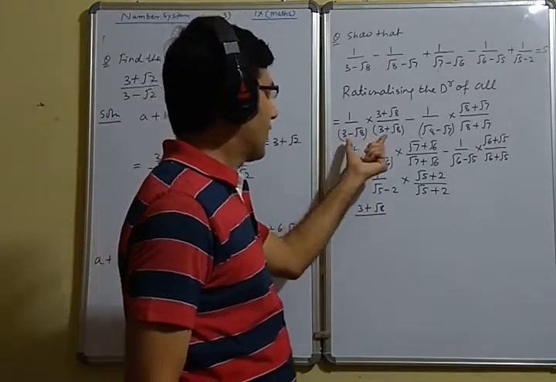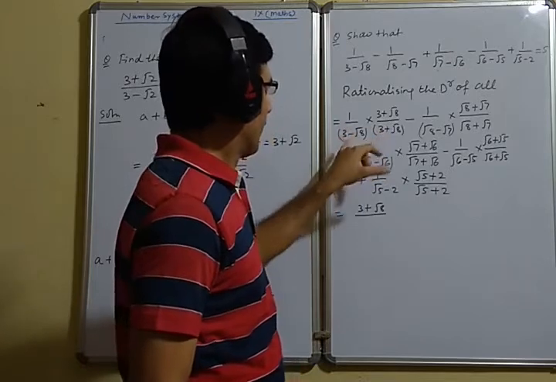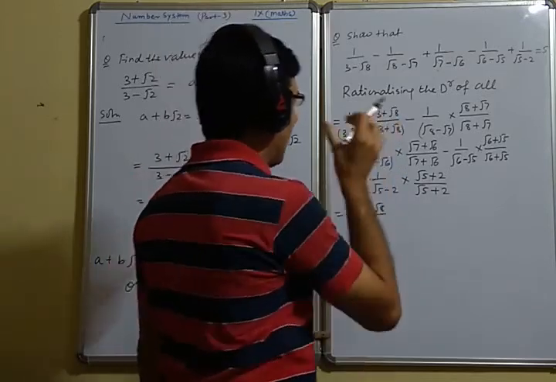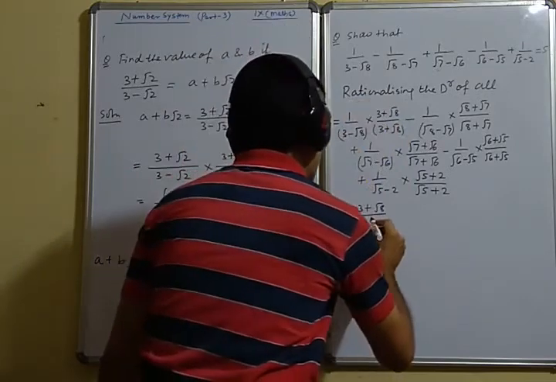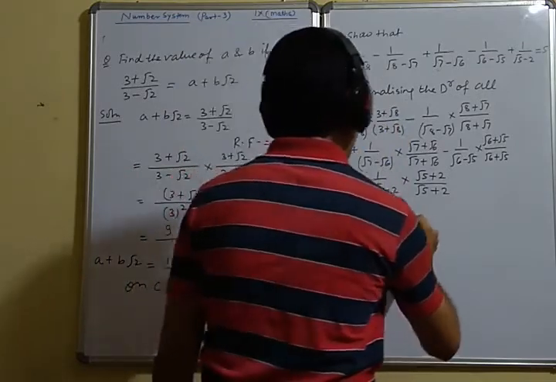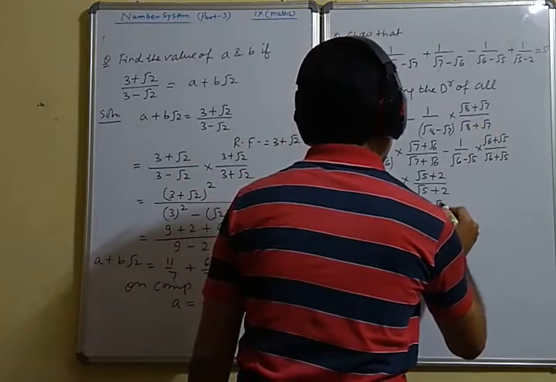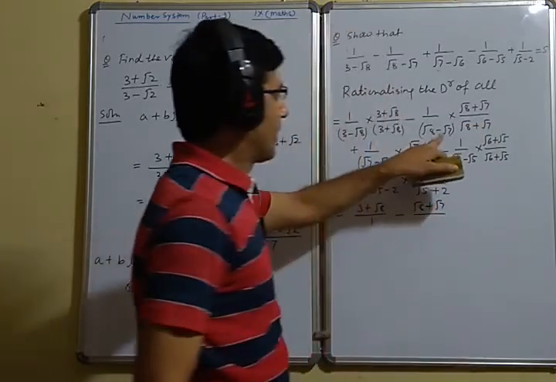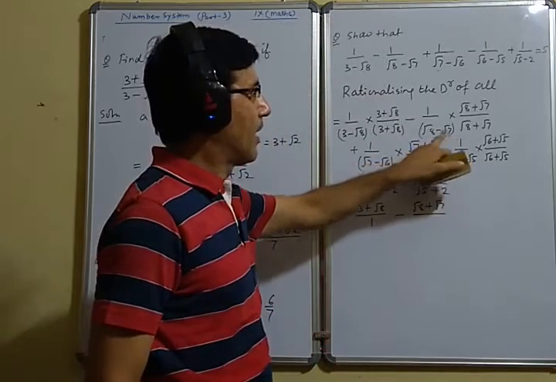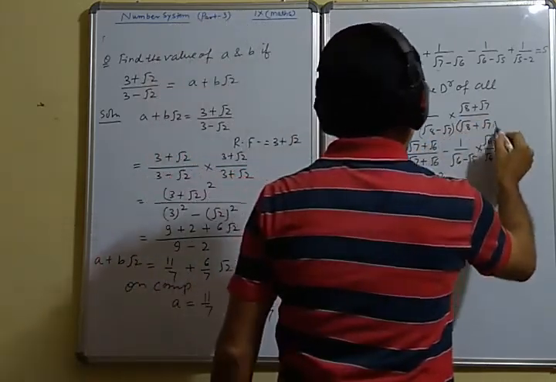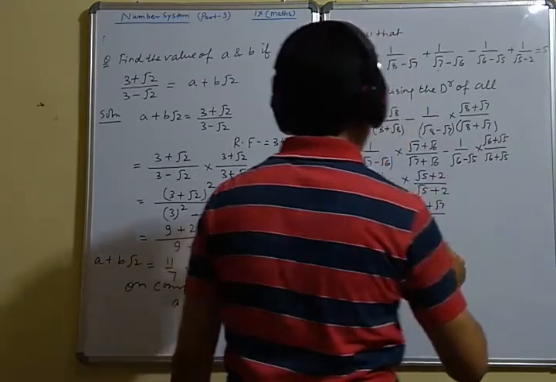It becomes a square minus b square. That is 3 square is 9, root 8 square is 8. So 9 minus 8, it becomes 1. Minus root 8 plus root 7 divided by, once again, 8 minus 7. A plus b, a minus b. So we can write it as 1.